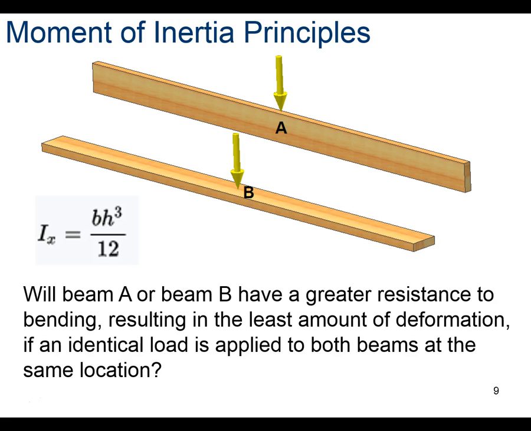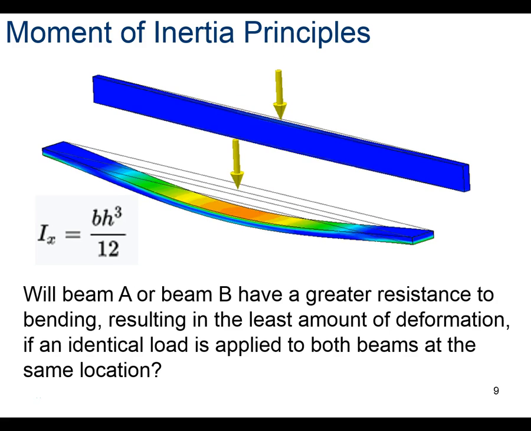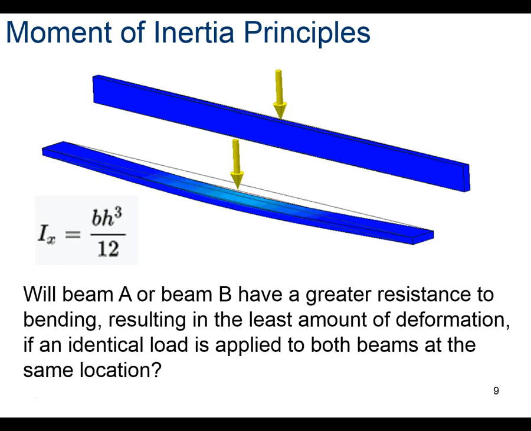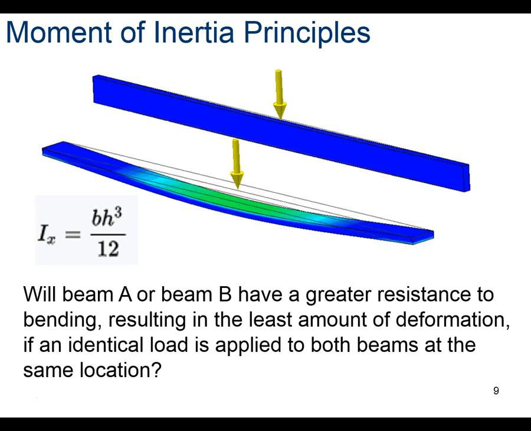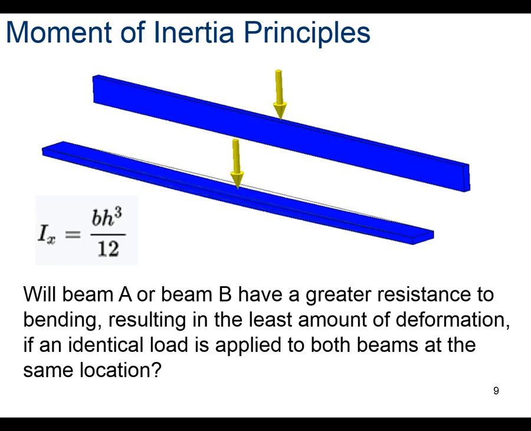See how the height of the beam is cubed, but the base is not? So the height of the cross-section has a much bigger impact than the base on the area moment of inertia. Therefore, beam A will have a greater resistance to bending than beam B. So beam B, or the plank, will deflect more than beam A, or the joist, as seen in this animation.